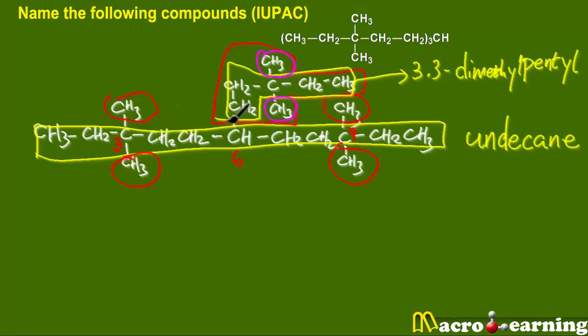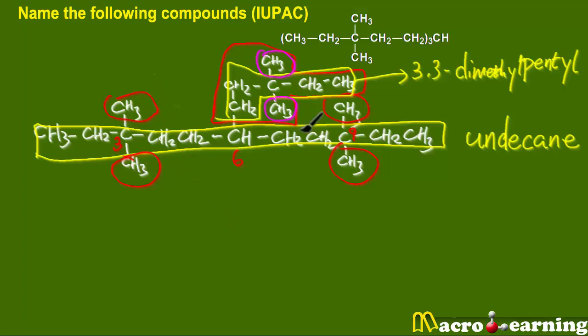It could be a pentane, but it's pentyl because it's a substituent, not a molecule. And it's got 2 substituents on itself, 2 methyl groups on the 3rd carbon. 3rd carbon because carbon number 1 is this carbon that's attached to the main chain, and we go 1, 2, 3. 3, 3, 2 methyl groups. Dimethylpentyl. That's the name for the substituent. Alright.